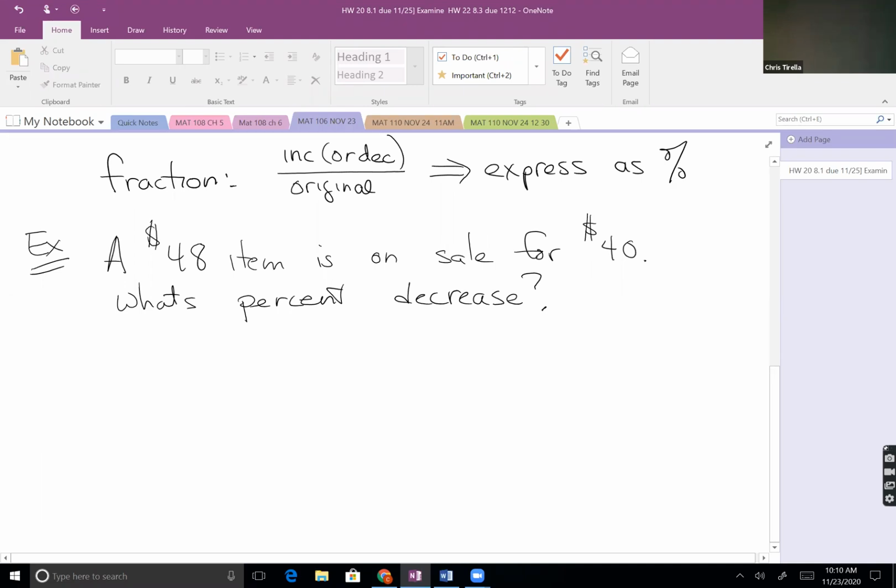In order to do this, the first thing we have to do is find the decrease. Is everybody all right? The decrease, the amount that the price went down by, would that be 48 minus 40, or $8?